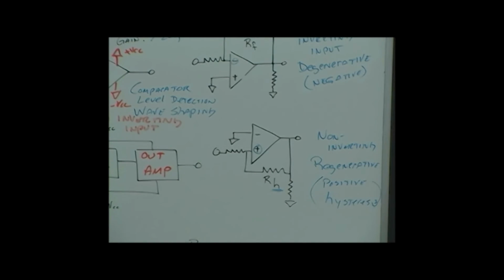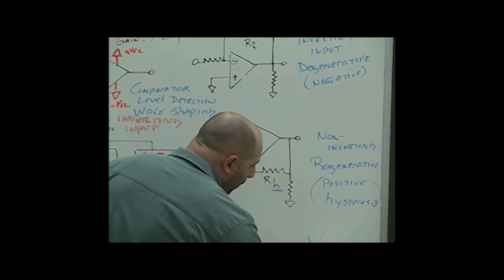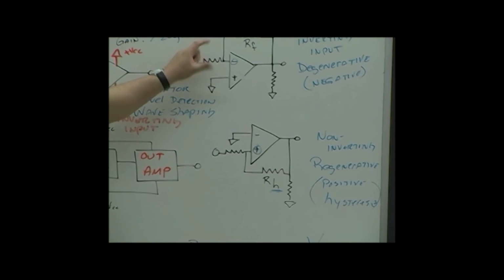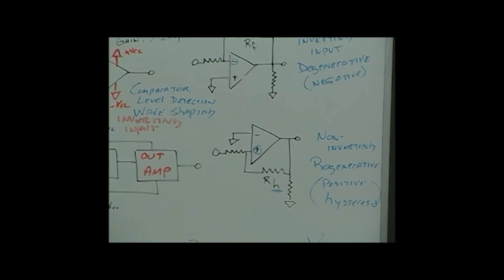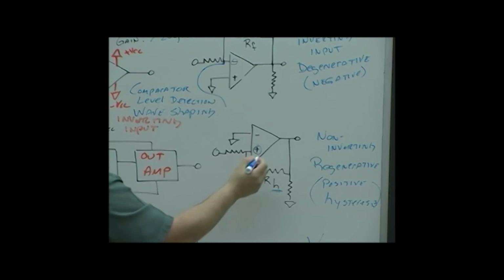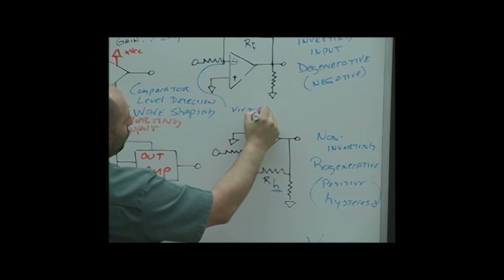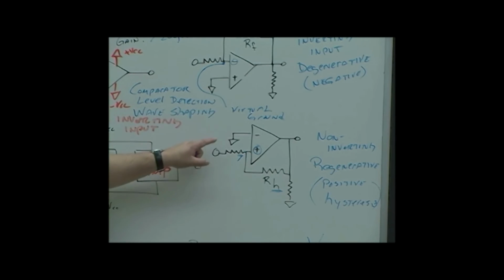A balanced op amp, what must be true about that? The differential voltage has to be 0. And that has to do with this virtual ground, that point right here, and even here, virtual ground. And the fact that they're both what?